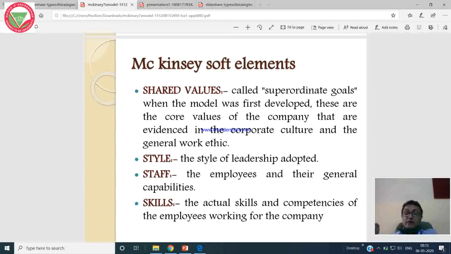Then, as we discussed the staff, the employees and their general capabilities, it includes various HR functions. The first thing you need to do is human resource planning. For producing this much product or delivering service to this many customers, we need this many people. Obviously every company wants to grow from its current state, so if somebody wants to grow, obviously he or it needs more manpower.